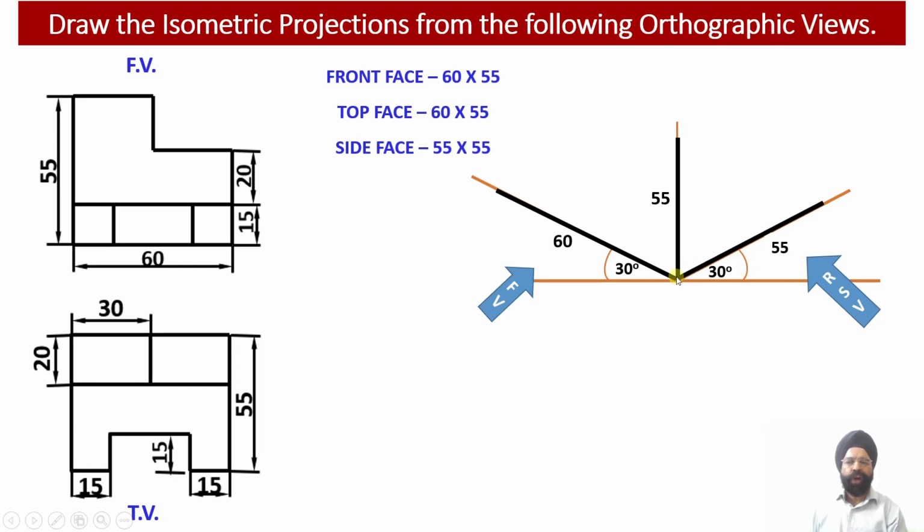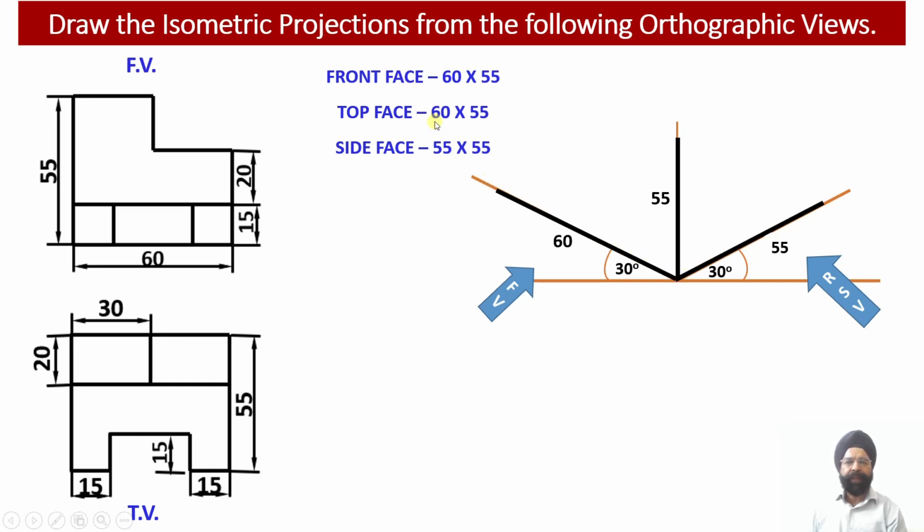So we are going to draw the width of the solid, equal to 55 millimeter, along the z-axis, while the height equal to 55 millimeter will be drawn along the y-axis. So we can say that the right hand face of the solid will be located in the YZ plane, and the top face or the bottom face will be oriented along the XZ plane.